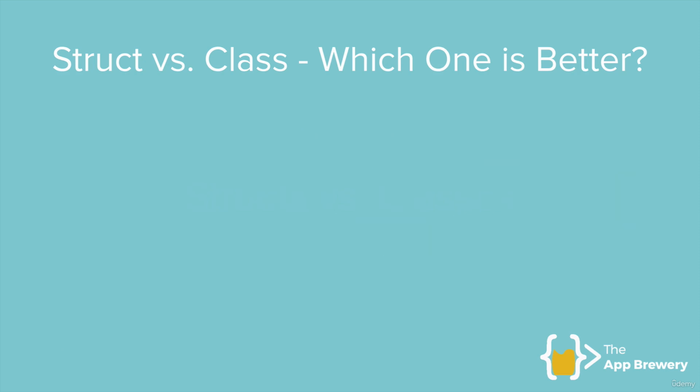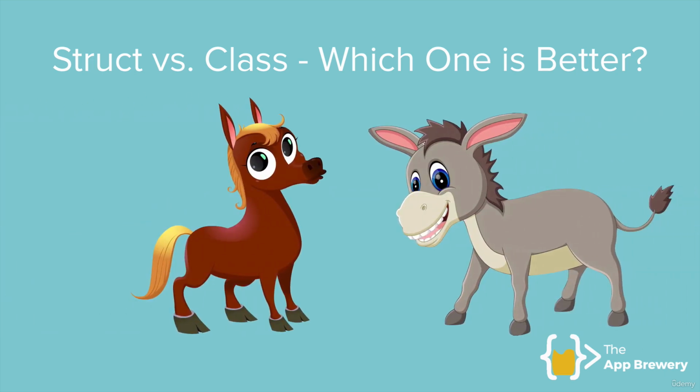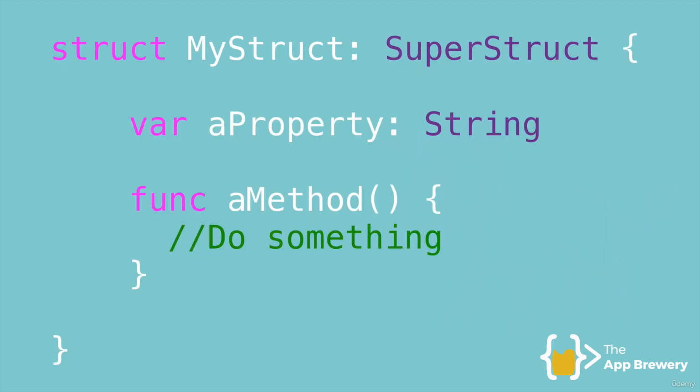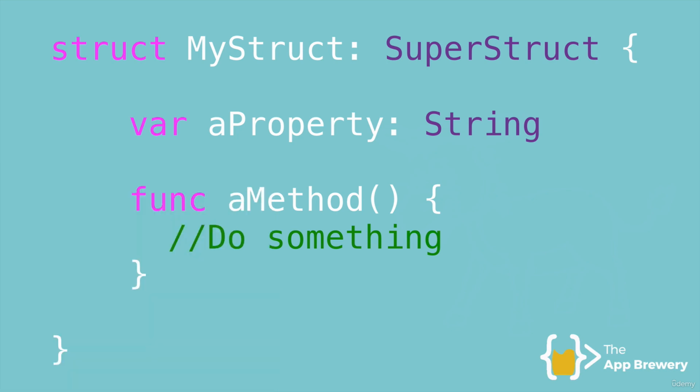And just saying, which is better, struct versus classes, is kind of saying like, which is better, a horse or a mule, right? They both have their uses. They both have their pros and cons. Now, similar to a mule, a struct is infertile. So just as you can't mate a female and a male mule to create a baby mule, you also can't inherit from structs or try to subclass in a struct.